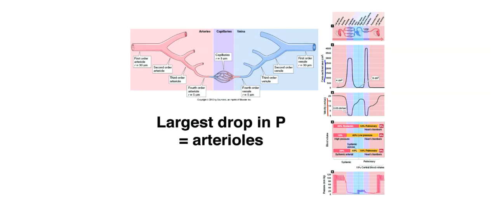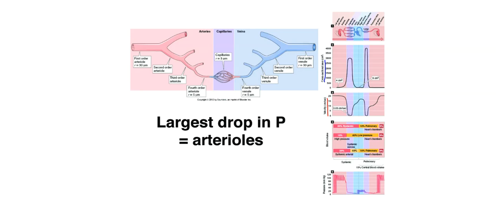On the bottom, when we're looking at the actual pressure values, you see the fluctuation of the pressure on the left-hand side is relatively high because that's starting from your systemic circulation. You see that significant drop right at the point that correlates to the arterioles up at the top.